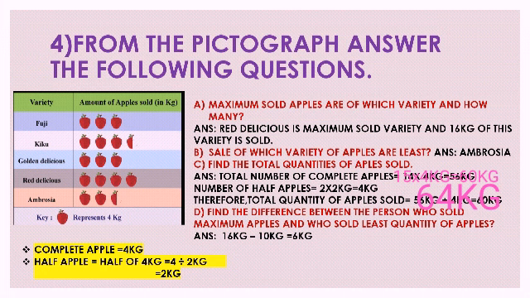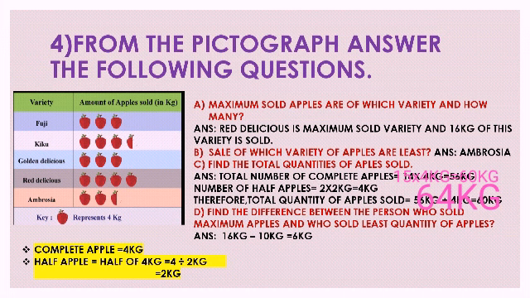Pictograph shows the variety of apples that are available in the market. And in the other column, it says the amount of apples sold. In the first column, the variety of apples which are available in the market. In the second column, the amount of apples which were sold, and this amount is given in kgs. So here one diagram of the apple means 4 kg of apple.